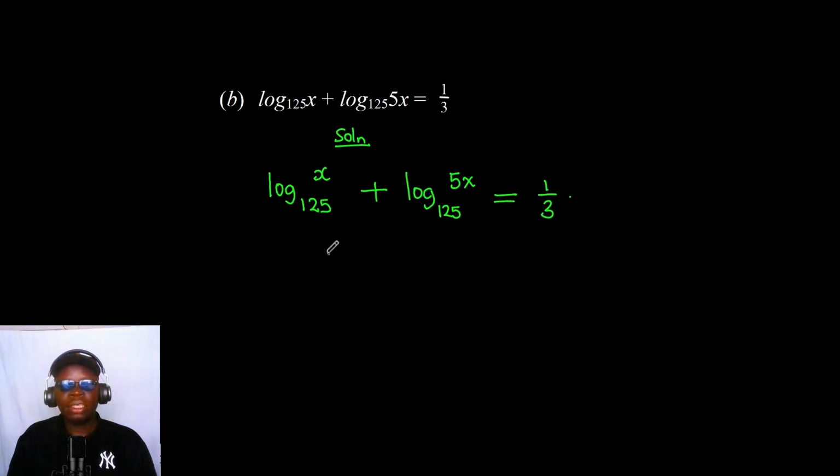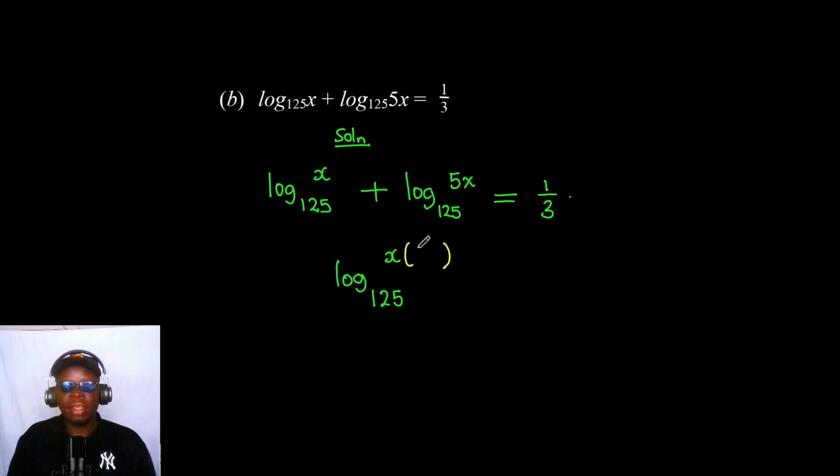Now after that, we can combine this together. Since we are adding, we can use the addition rule of logarithm, and we have here a logarithm to the base of 125 of x multiplied by 5x, and I'm going to use this bracket to represent our multiplication.